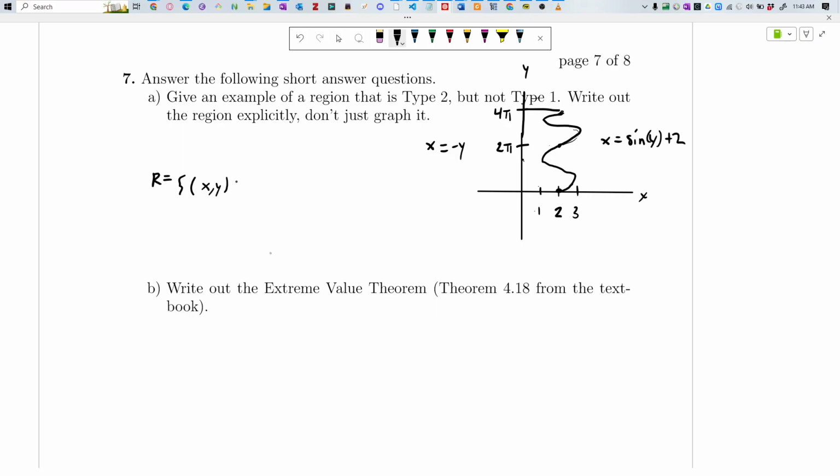The collection of points x, y where y ranges from 0 to 4 pi, and where x, because I'm trying to define, come on.